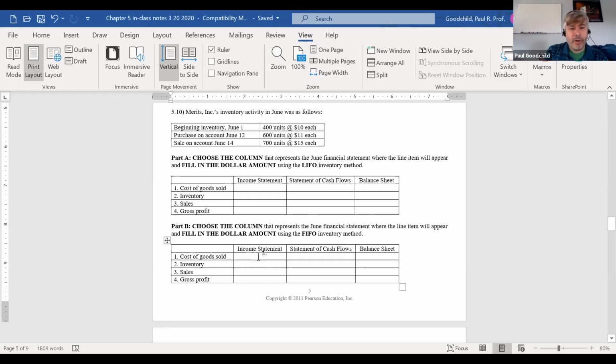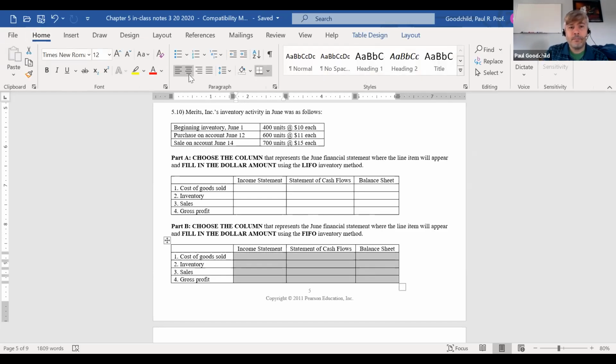And as you do part B, we have to look at what they mean and where it is going to go. Cost of goods sold is an expense, so it's going to be on the income statement. How many units did we sell? We sold 700 units, and we're using first in, first out.